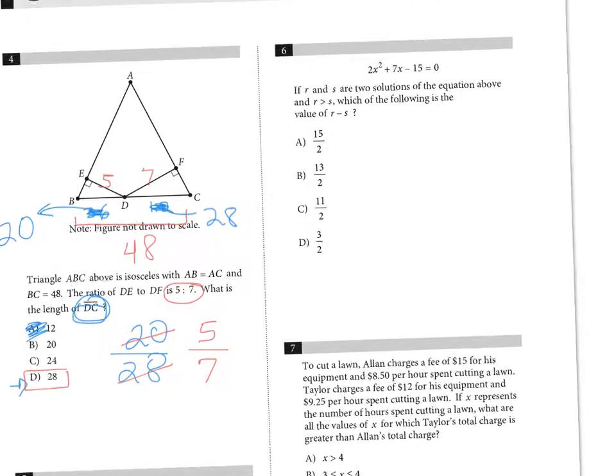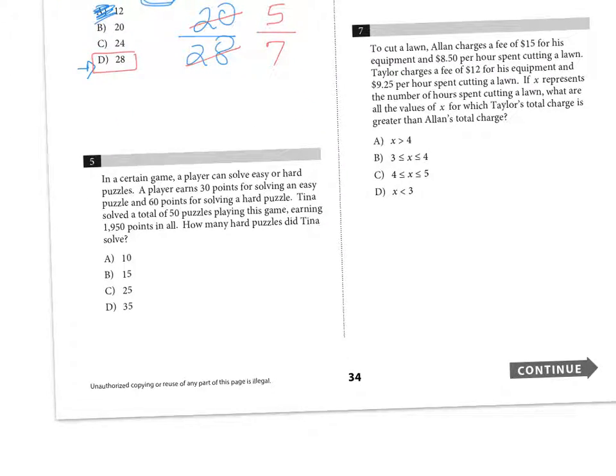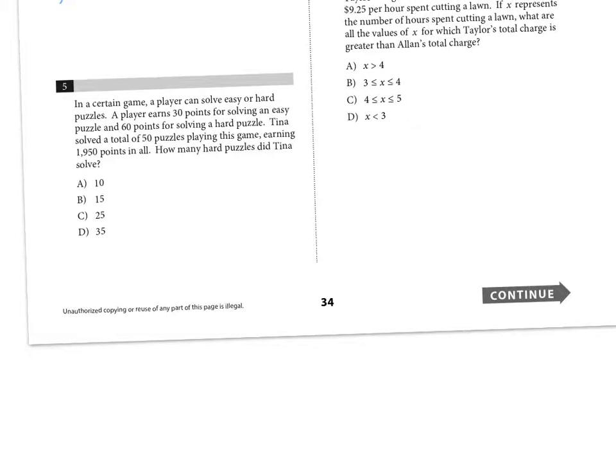Next problem. How about number 5? Questions on number 5. Should I go over number 5? Yes? Okay. So in number 5, we read the problem. It says, in a certain game, a player can solve easy and hard puzzles. A player earns 30 points for easy puzzles and 60 points for hard puzzles.